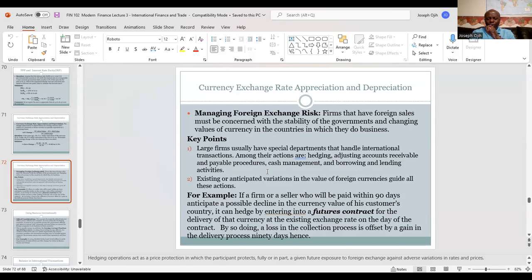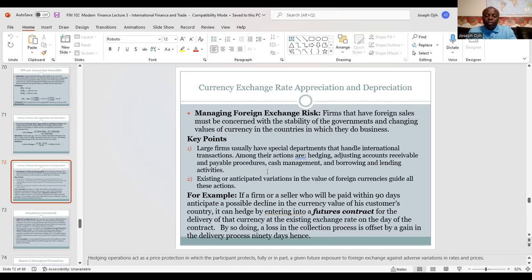Existing or anticipated variation in the value of foreign currencies guides all these transactions. For example, for a business that will be paid in 90 days, if they anticipate a possible decline in the currency value of their customer's country, they can buy a kind of hedging protection by entering into what they call a futures contract with the bank in that foreign country, or even the home country bank.